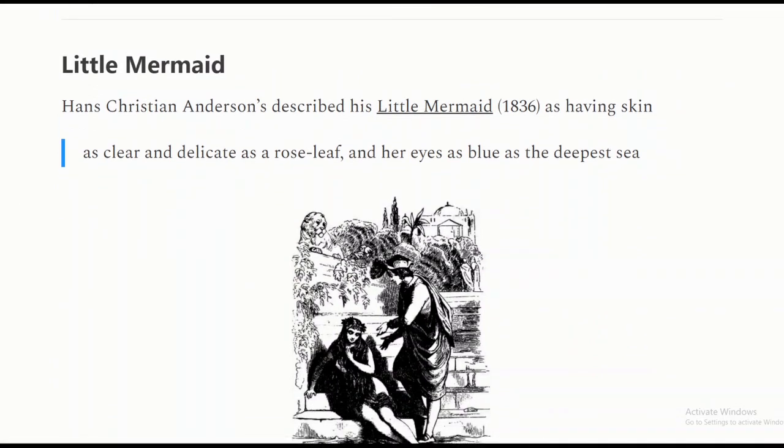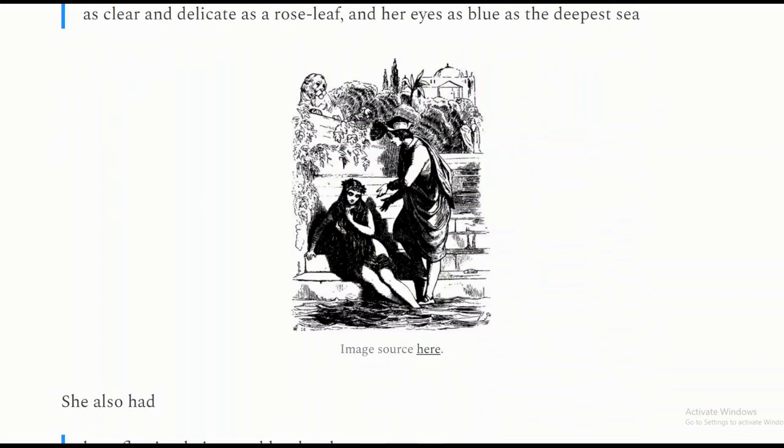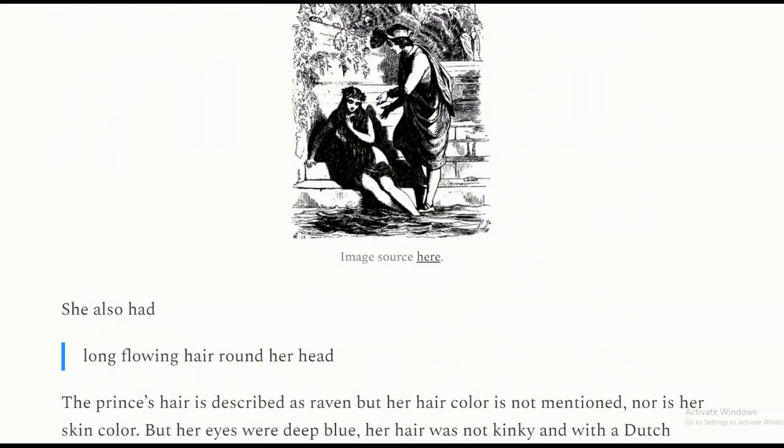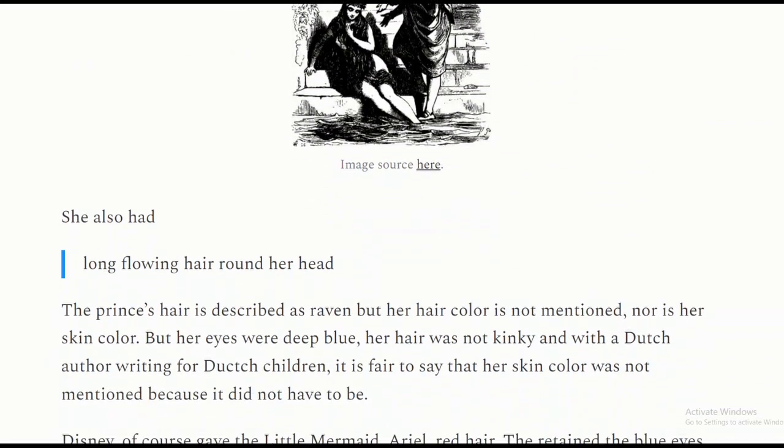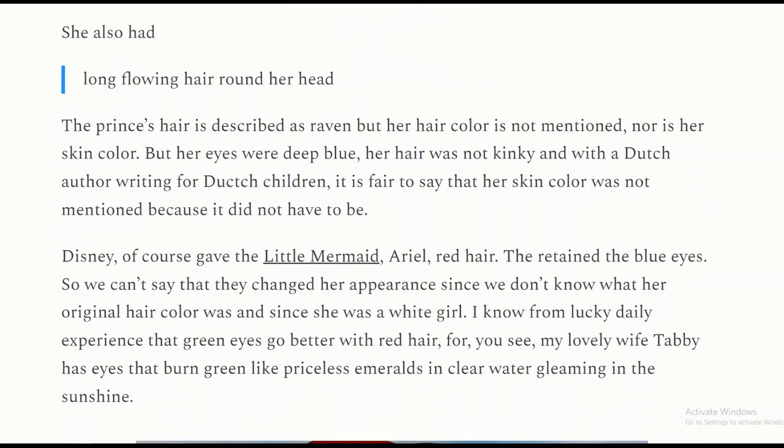Hans Christian Andersen described his Little Mermaid, 1836, as having skin, quote, "as clear and delicate as a rose leaf," and her eyes as blue as the deepest sea. There's a plate there, plate printing. She also had, quote, "long flowing hair around her head," unquote.